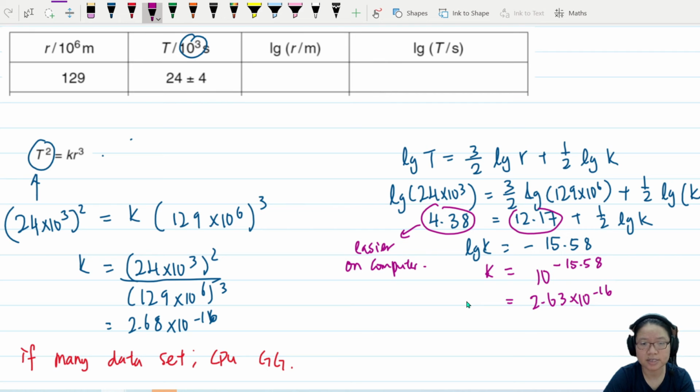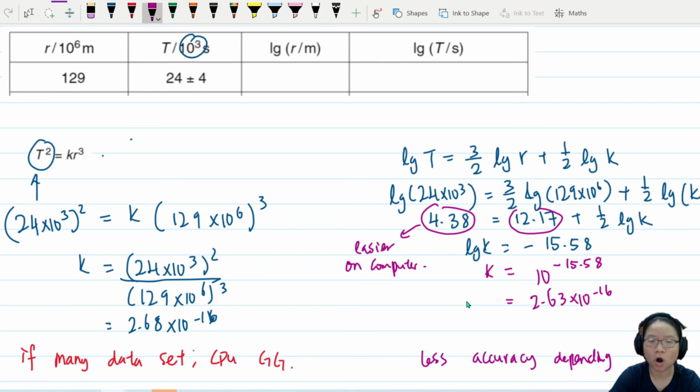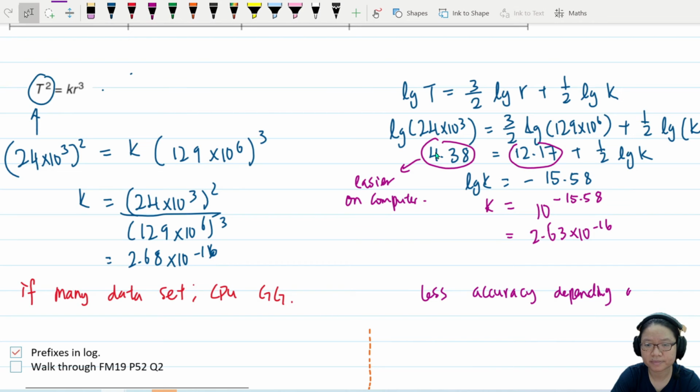Of course, the answers are not going to be identical. The compromise that we are making here is less accuracy, depending on the rounding, depending on SF basically.